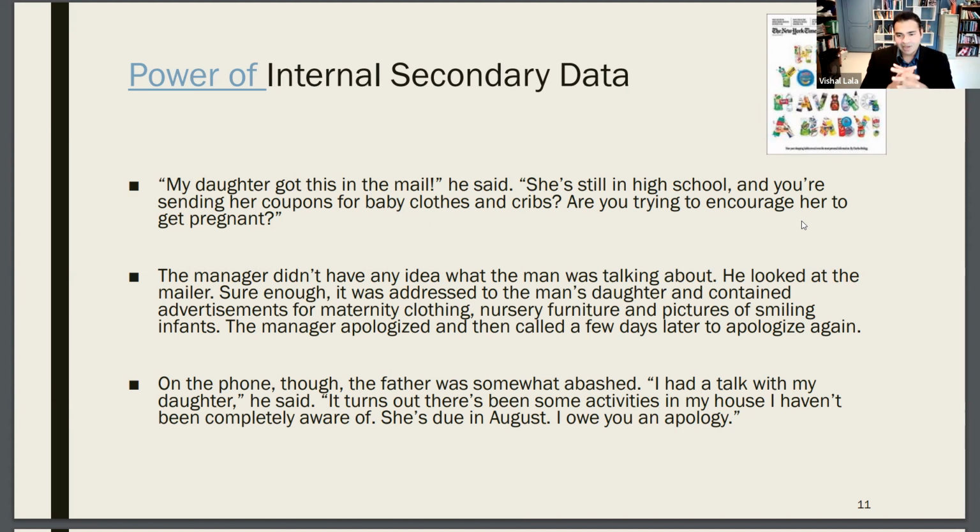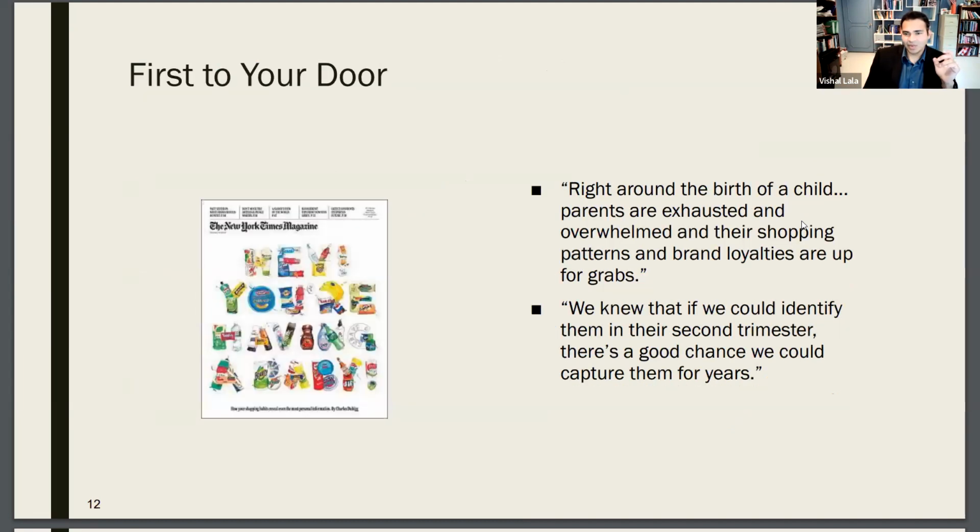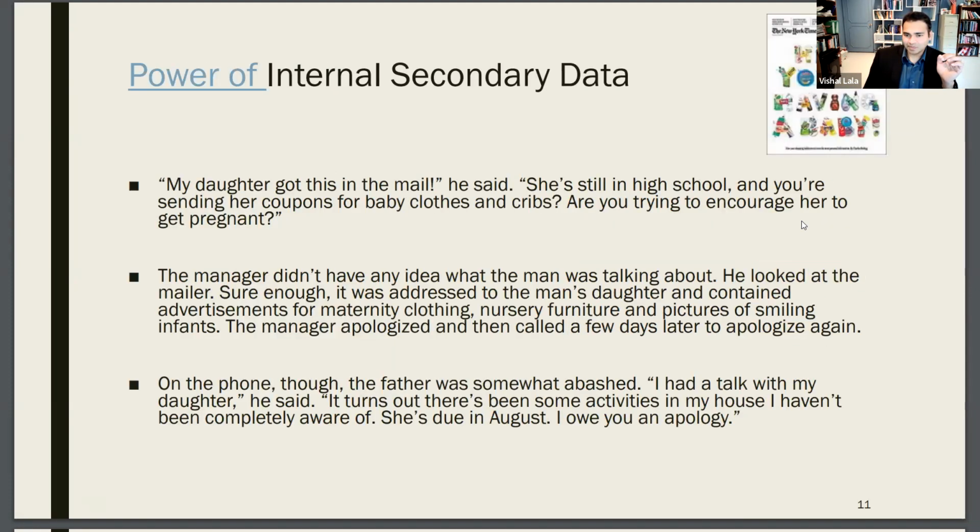And so there's actually just some history about the story. Target was doing a lot of research on this around the early 2009-2010 period. And their whole thinking was as follows. Their thinking was that there are certain inflection points in people's lives, certain points where all their brand loyalties are up for grabs.